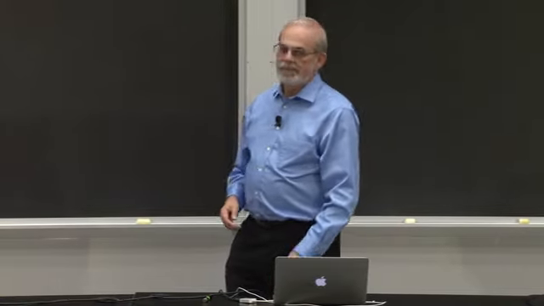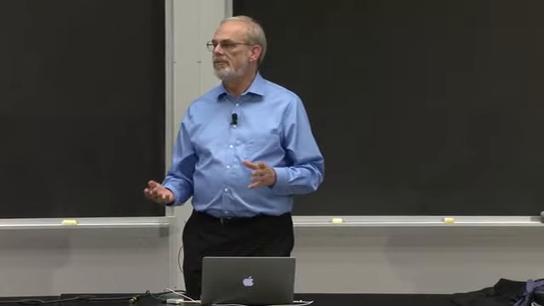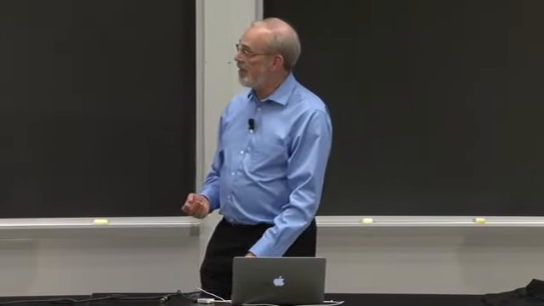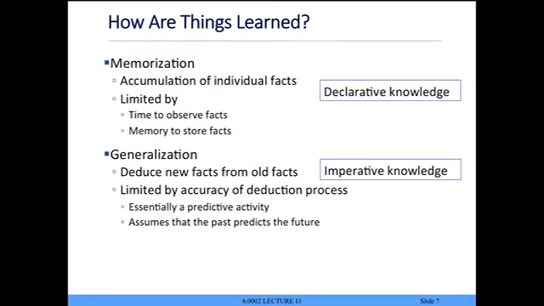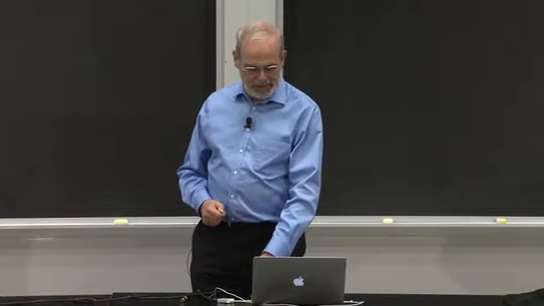A better way to learn is to be able to infer, to deduce new information from old. And if you think about this, this gets closer to what we called imperative knowledge. Ways to deduce new things. Now, in the first cases, we built that in when we wrote that program to do square roots. But what we'd like in a learning algorithm is to have much more like that generalization idea.